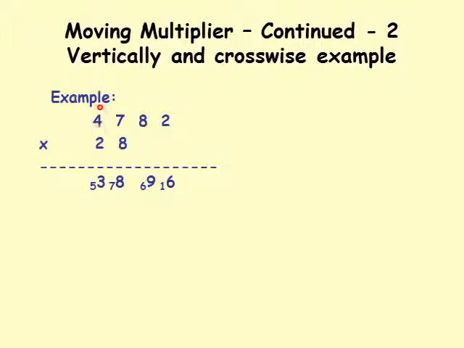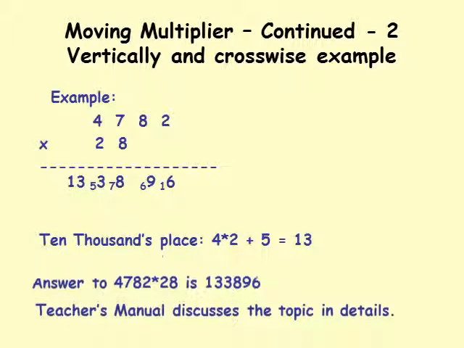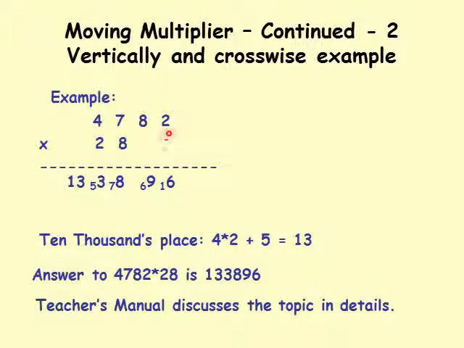So vertically is 4 times 2, which is, let's see which position we are in, 10,000 place. We have vertically 4 times 2. We used two columns already in this position. Now we have to use one column, drop one of the columns. 4 times 2 plus 5, which is 13, and the answer is 133896. Okay, so 4782 times 28 is 133896.